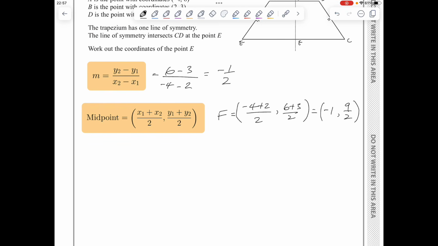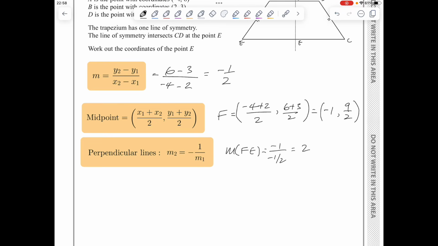Next, I'll find the gradient of the line FE, and FE is perpendicular to the line AB, and I know the following for perpendicular lines. So the gradient of FE is equal to minus 1 over minus a half, which will give me positive 2.